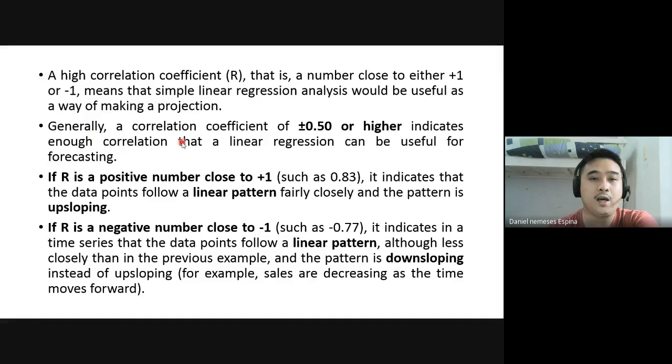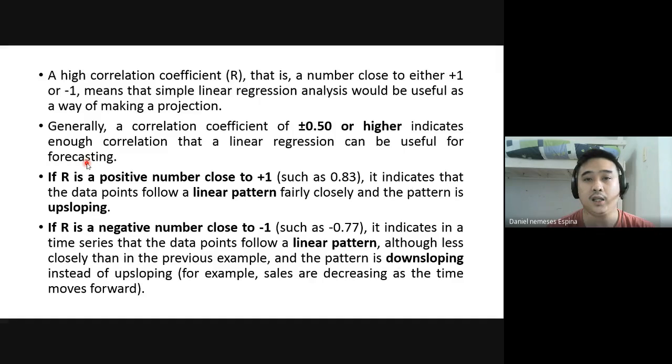So generally, a resulting correlation coefficient of plus or minus 0.50, so at least 0.50 or higher, indicates enough correlation that a linear regression can be useful for forecasting. So pwede daw nimo gamiton ang values ni x to forecast the values of y if the correlation coefficient is at least half or 0.50, whether it's positive or negative.